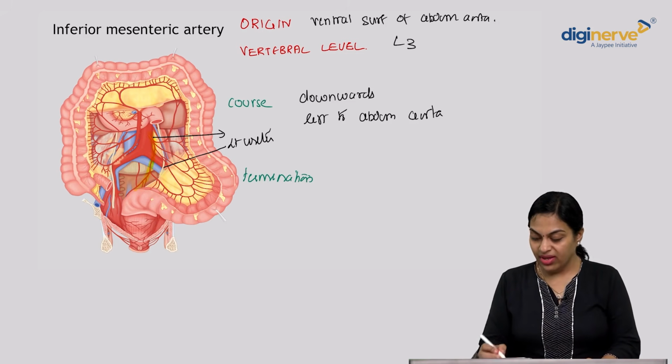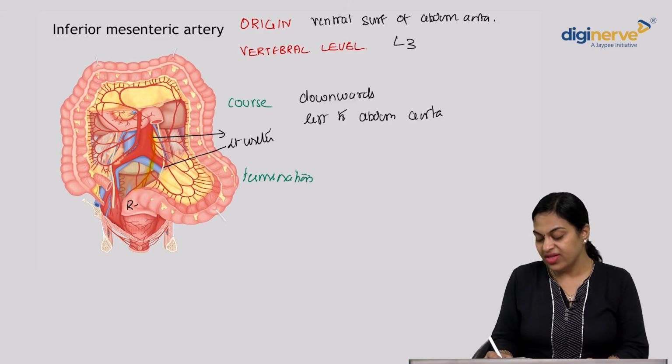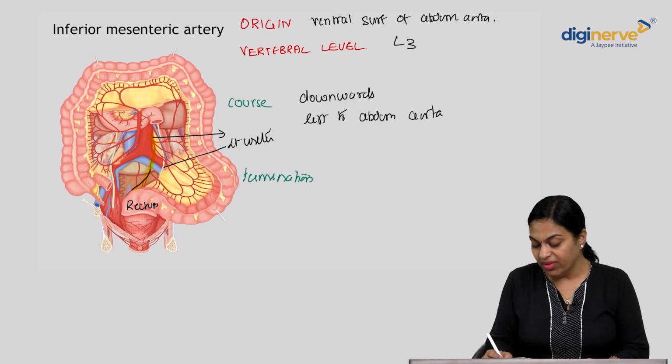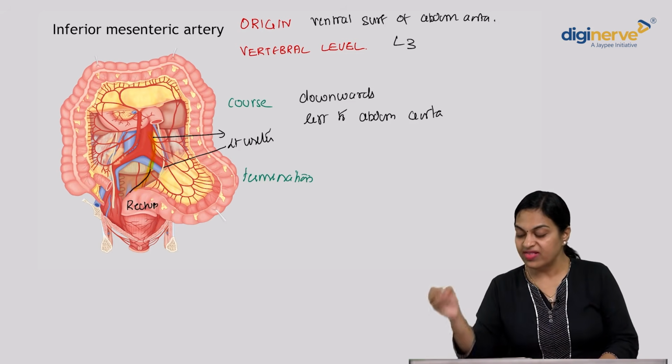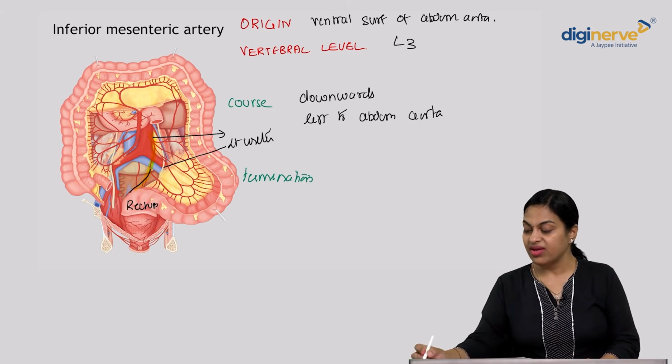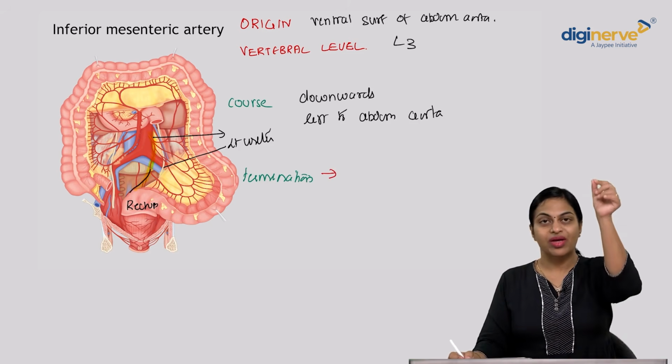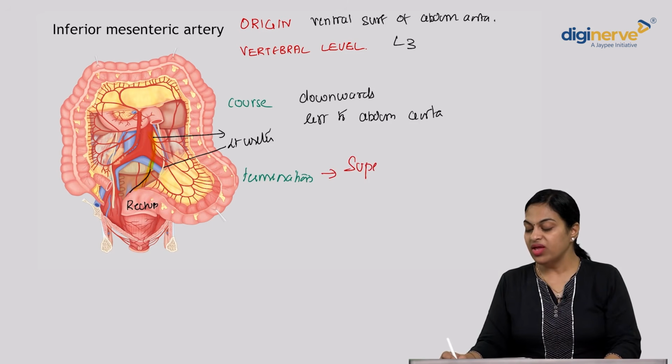Can you tell me what this viscera is? It is the rectum. You can see it going behind the rectum. This inferior mesenteric artery terminates by continuing as the superior rectal artery.